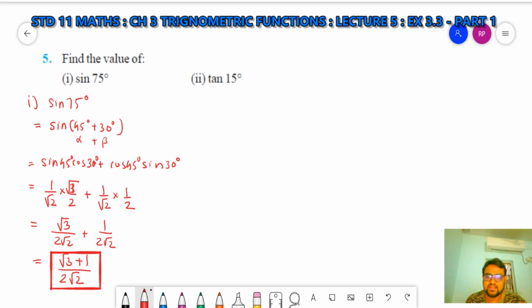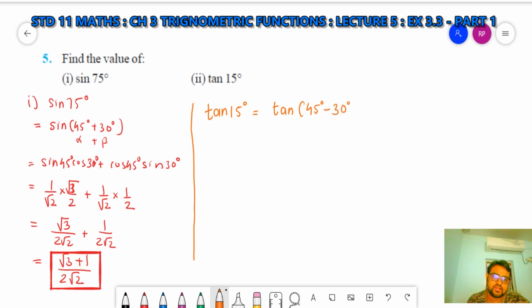Clear? Now let's see the next, that is tan 15 degree. I can express this as a difference of two angles, like tan of 45 degree minus 30 degree. This was the example that we had taken.